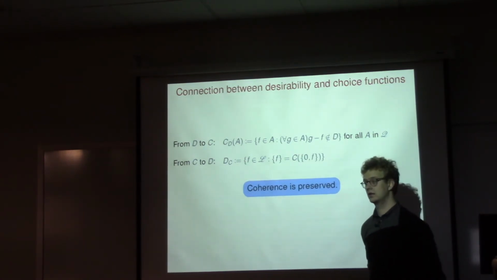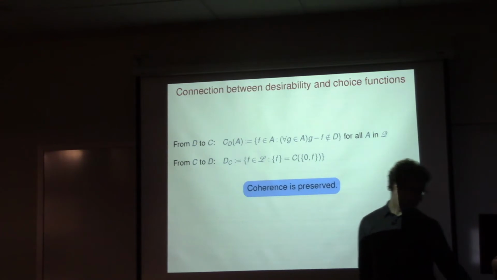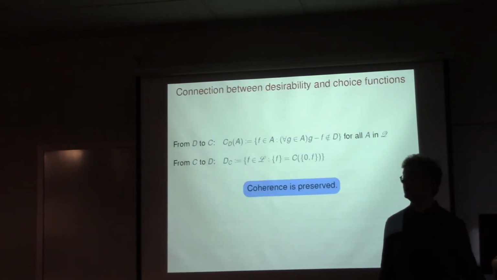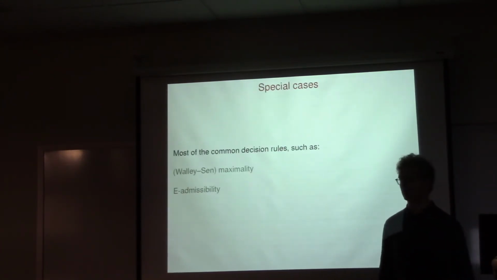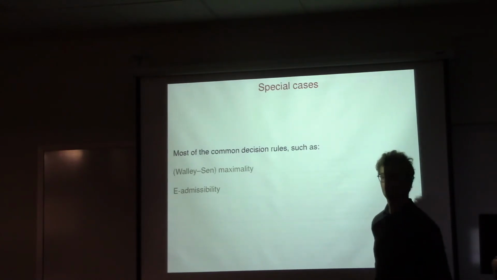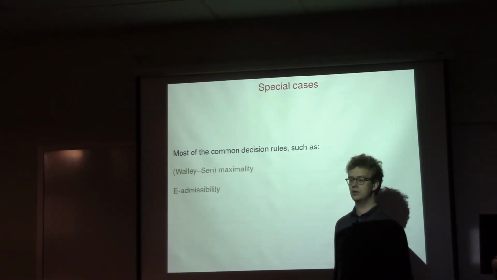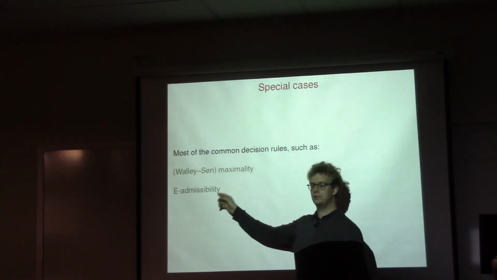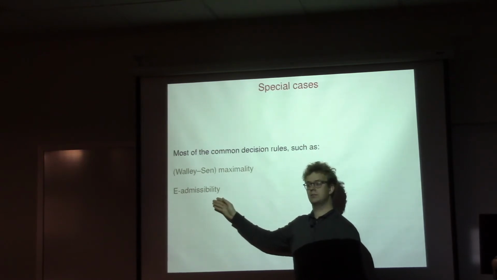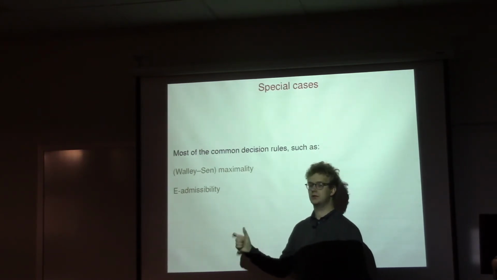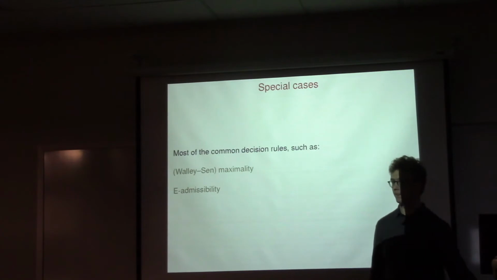And then if you were to use E-admissibility instead, you would get something other than that C of D. Yeah, that's a strictly bigger one. Okay. But it's a popular decision rule in the literature. But it's not the least. So here you assume other things than coherence alone, if you base yourself on a partial preference relation, on a pairwise comparison between gambles.